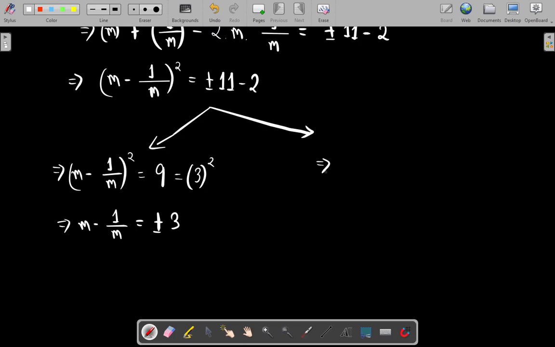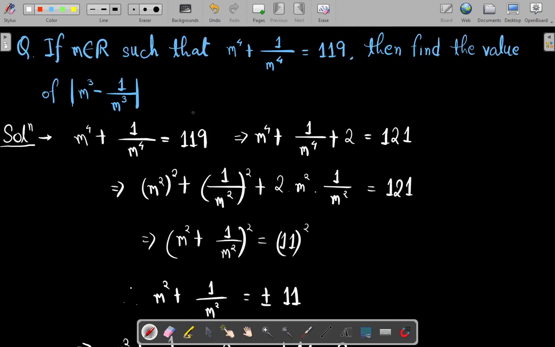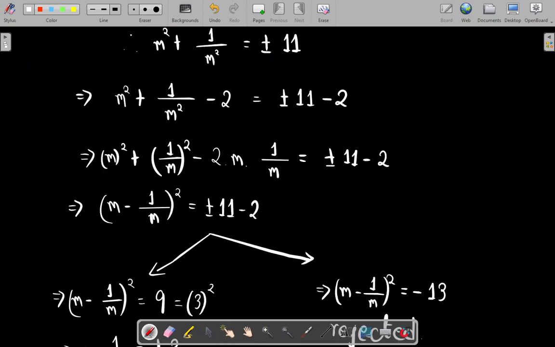Whereas in the other case, if I take minus 11, this will become minus 13. Since m is a real number, this square cannot be negative, so we are rejecting this solution. Now we have two values of m minus 1 upon m, plus minus 3, and we are required to find the value of m cube minus 1 upon m cube.